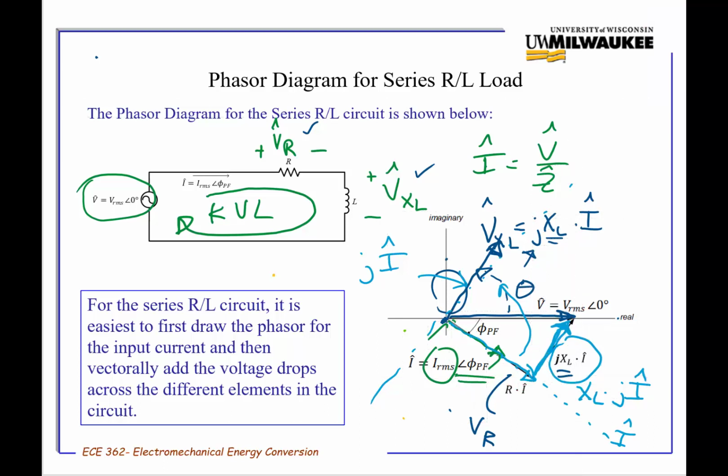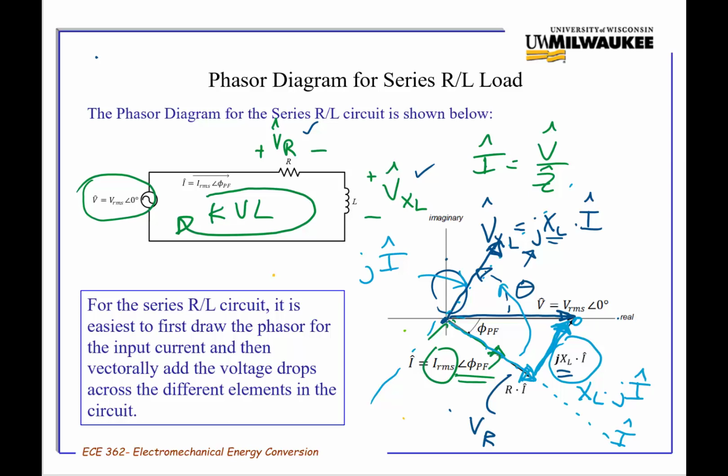We're adding up the voltage across the resistor and the voltage across the inductor, the RMS phasor voltage. That would tell us this is the input voltage here.